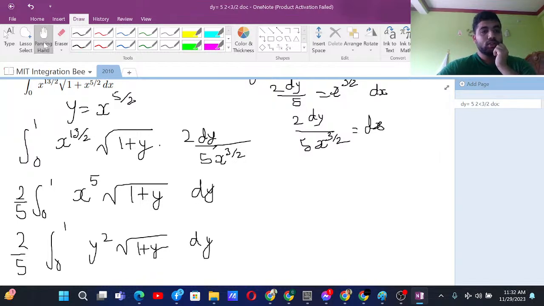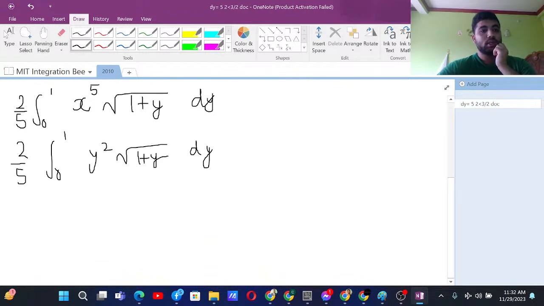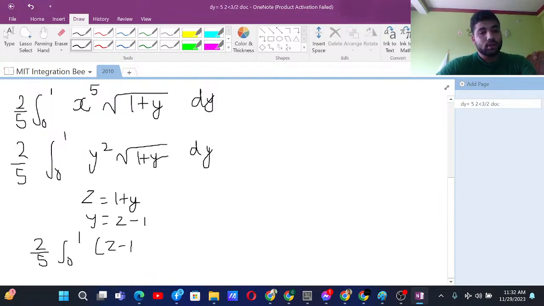And now we will use a similar technique as we used previously. We will have z equals 1 plus y, and then y equals z minus 1. We will use this technique, and then 2 by 5 integral from 0 to 1, y is just z minus 1 square root under z dz.